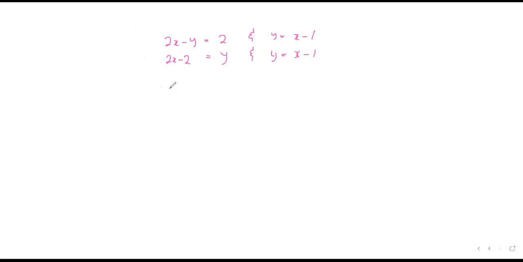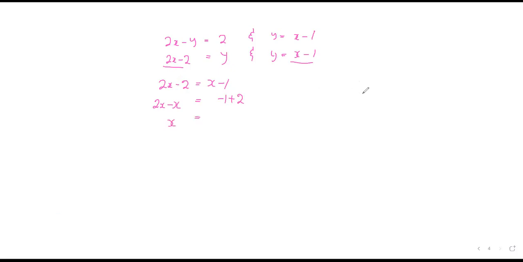So we are going to equate that to that because they are both equal to y. So 2x minus 2 will equal to x minus 1. Transposing that, 2x minus x will be 1x.